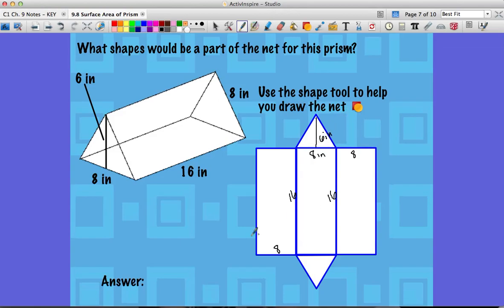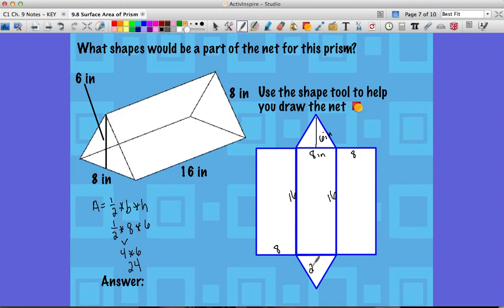So now we have to use our formulas to find the answer. We know that the area of a triangle is 1/2 times the base times the height. So we have 1/2 times 8 times 6, and we get 4 times 6, and that gives us 24.